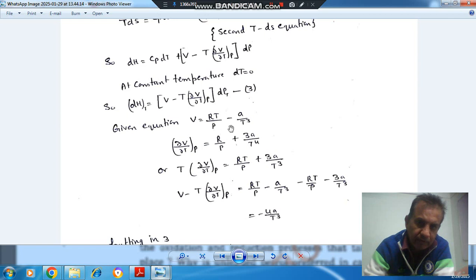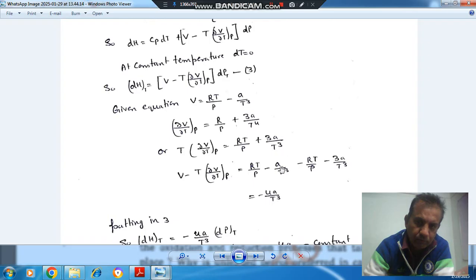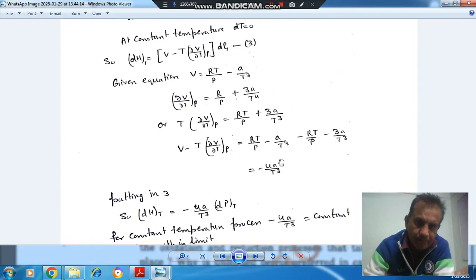So taking this RT by P minus A by T cube, and this in negative, so this will be minus RT by P minus 3A by T cube. From this RT by P will cancel out, so we will have minus A by T cube minus 3A by T cube, which is minus 4A by T cube.